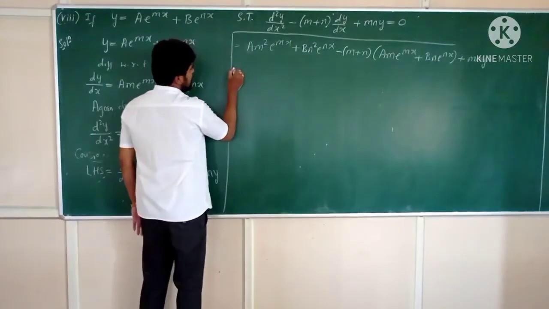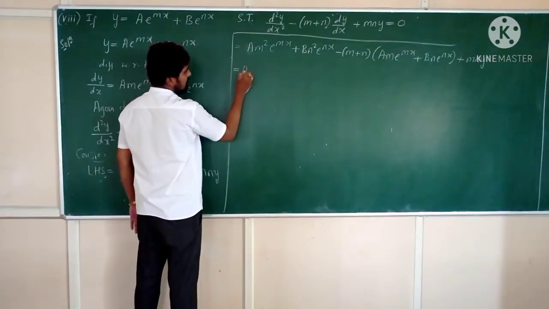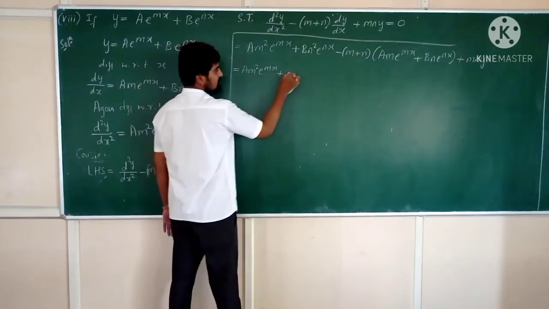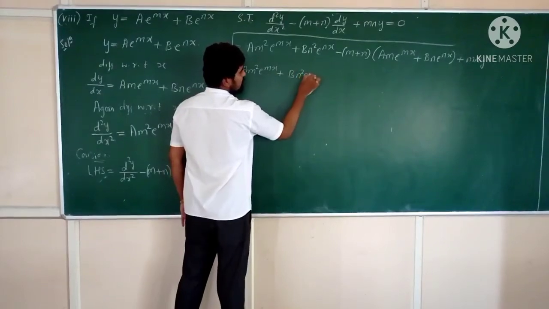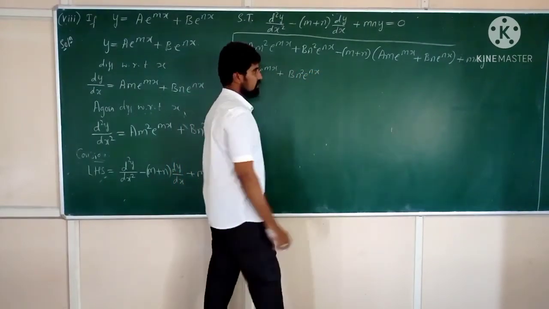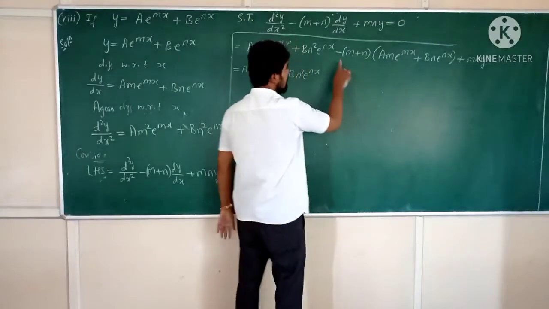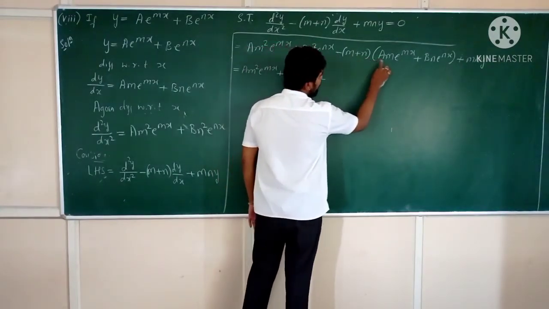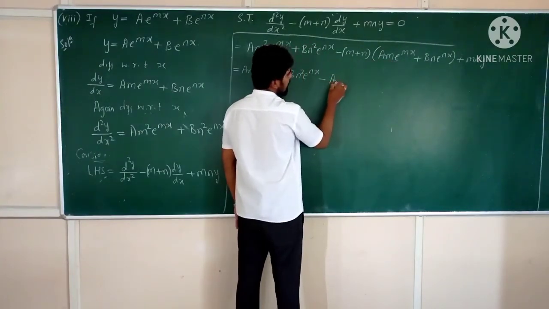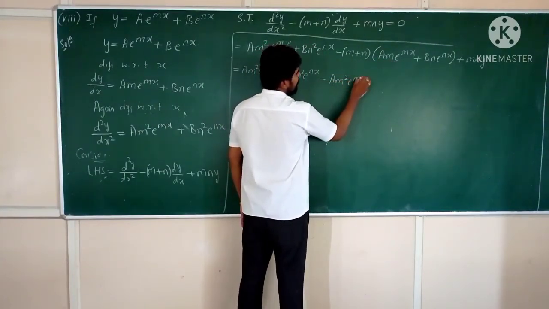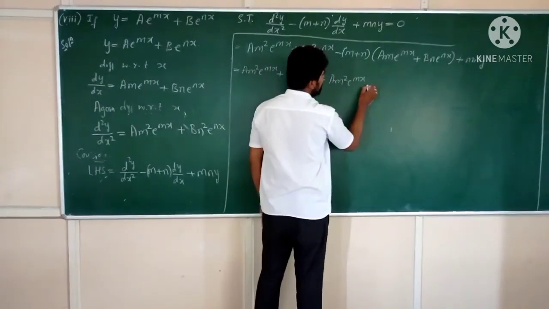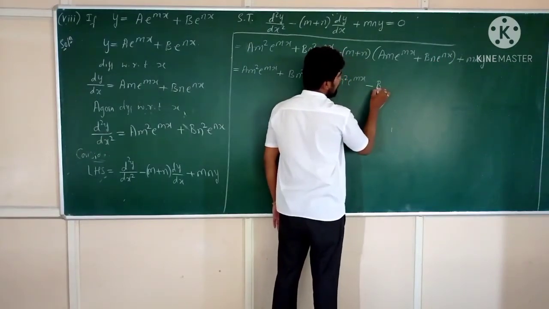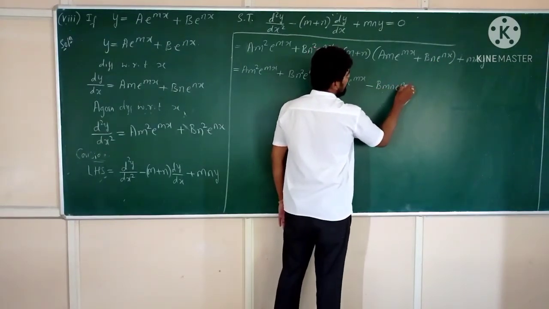Now which is equal to am square e power mx plus bn square e power nx. Now multiply these terms: minus into plus is minus, m into am e power mx is a m square e power mx; minus m into bn e power nx is minus bmn e power nx.